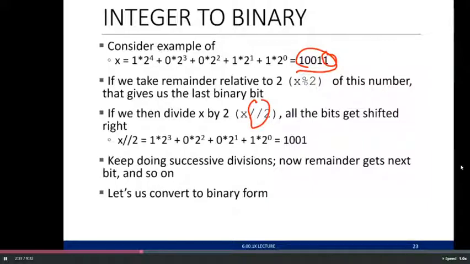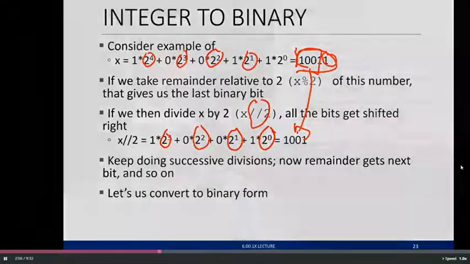That is, x double divide by 2 is now 1 times 2 to the third rather than 2 to the fourth, plus 0 times 2 squared rather than 2 to the third, plus 0 times 2 to the 1 rather than 2 squared, plus 1 times 2 to the 0 rather than 2 to the 1. Or another way of saying it is, notice I've taken these digits and just shifted them to the right.